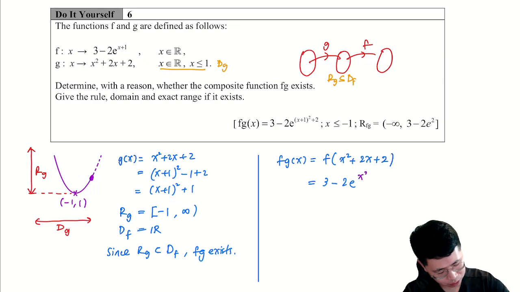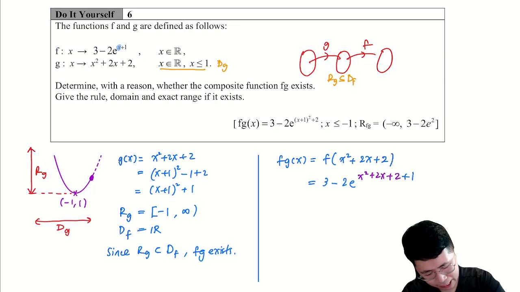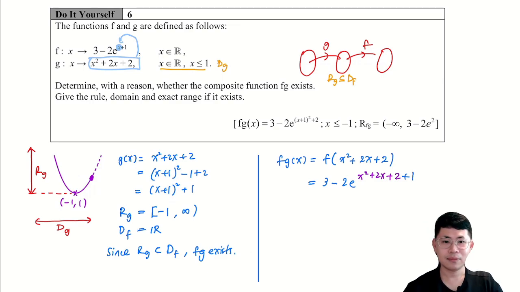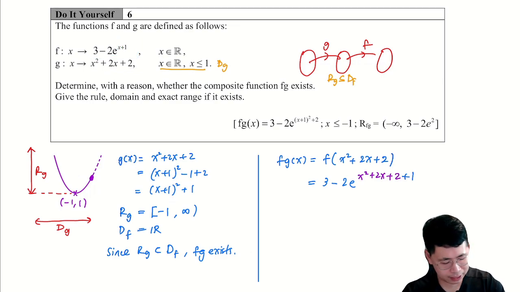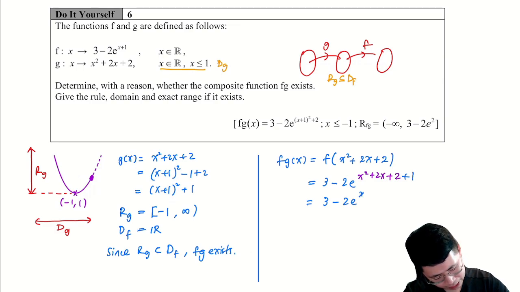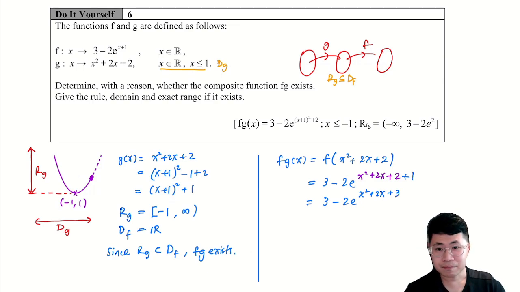So sub in the whole expression for x, replacing x with this whole expression over here. This is how we get fg(x). Let's tidy up a bit to something that we like to see. So this would be 3 minus 2e to the power of x squared plus 2x plus 3.